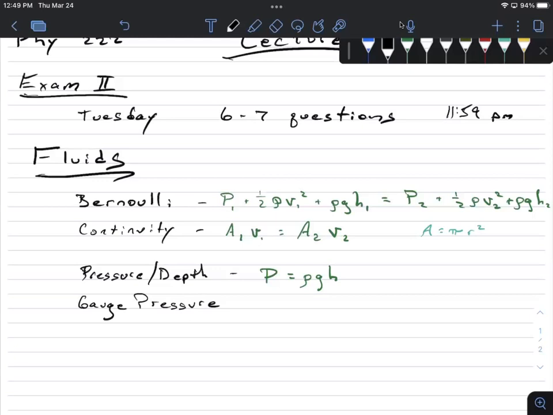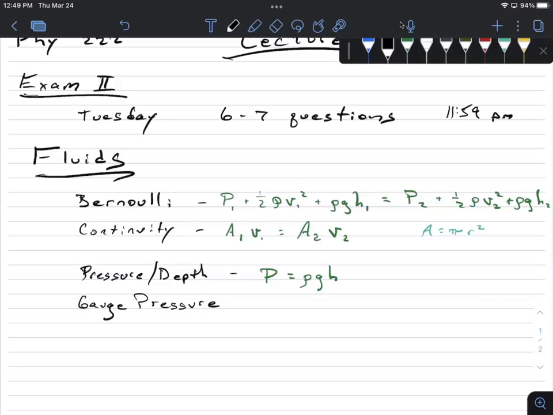But then, since everything feels this pressure, we could just ignore it because everything feels it. It's not like one object will feel it and another won't, so it's not important. If everything feels it, then we just call that our 0 point. That's where our pressure starts. It starts at this pressure and we change it by some amount. That's what gauge pressure is.